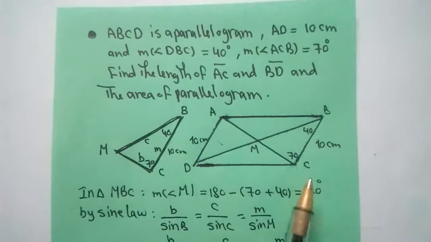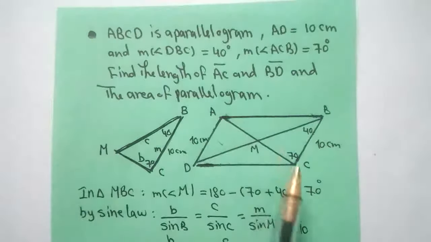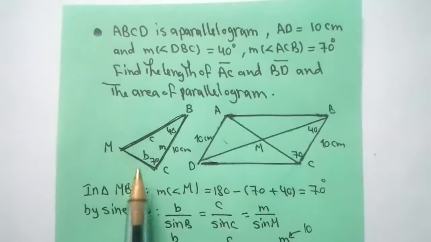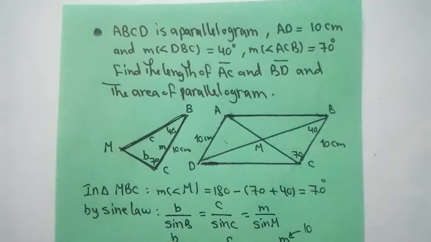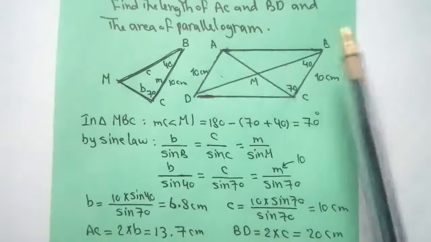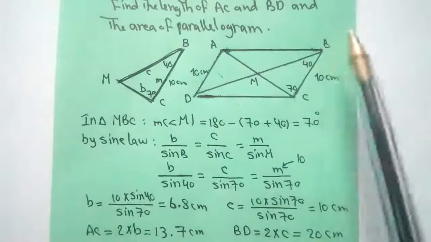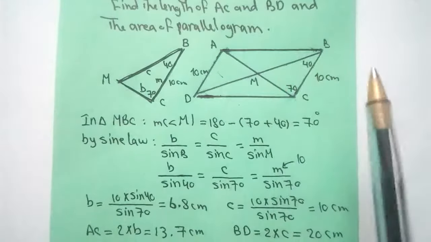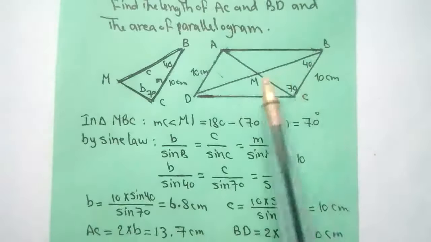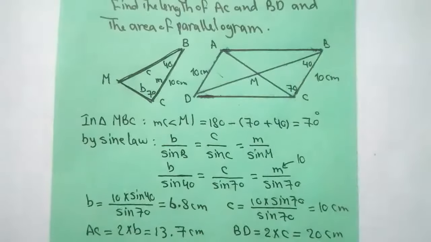AC is twice MC, so 2 times, it will be 13.7 centimeters. BD is twice BM, so BD equals 2 times MB, equal 20 centimeters.